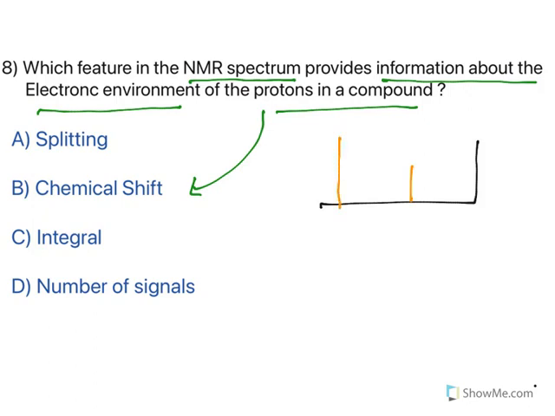In fact, chemical shift is nothing but the difference between the tetramethylsilane signal and a particular proton signal. TMS is given 0 signal, and this one will be 4, this one will be 6, something like that, and this is what we call chemical shift. And why is it occurring? Because the proton's surrounding electronic environment will decide where the signal comes. So it corresponds to chemical shift. So option B is the correct one.